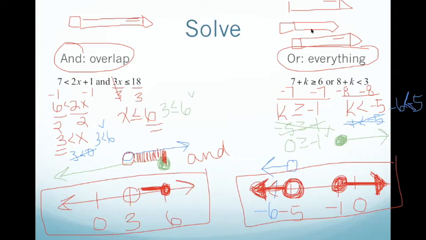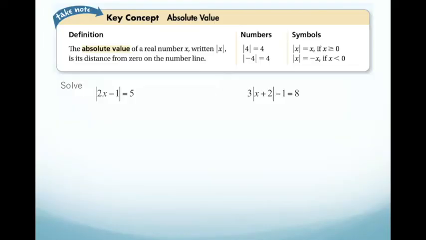Okay? Let's take a look at absolute values. Absolute value can be thought of as a distance from 0 or a distance between two numbers. So for example, the absolute value of 4 means the distance from 0 to 4, and that distance is 4.